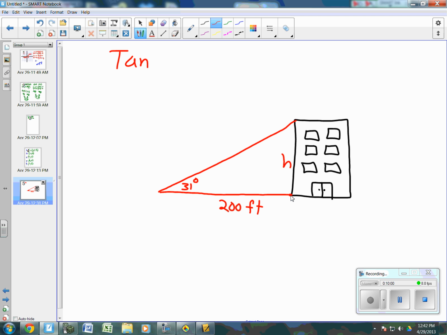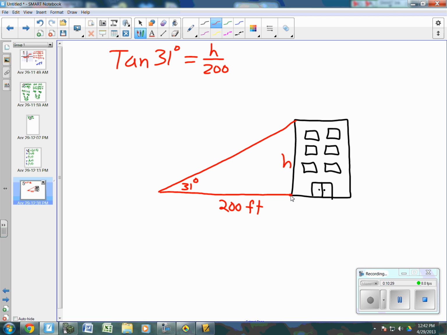The tangent of the reference angle, which is 31 degrees. This is always an angle right here. Equals what over what? H over 200. Okay? Opposite over adjacent, right?